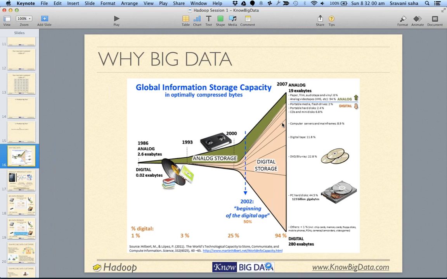So in 2007 itself, the data was 3 times 10 to the power 20, which is huge. And the important part is that data was increasing exponentially. In 2002, the explosion happens, the data started expanding suddenly.